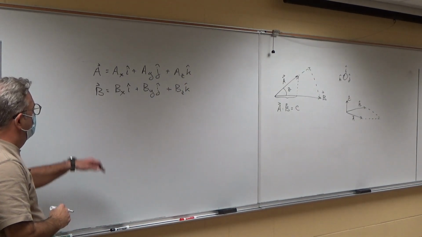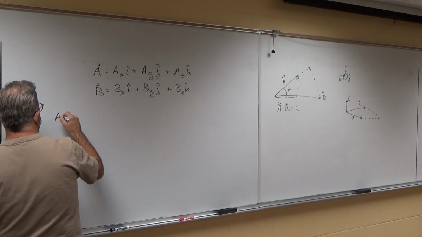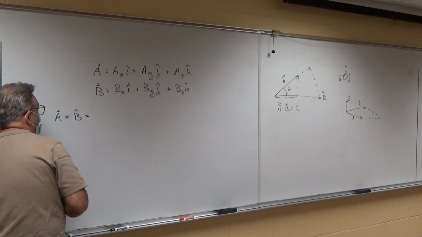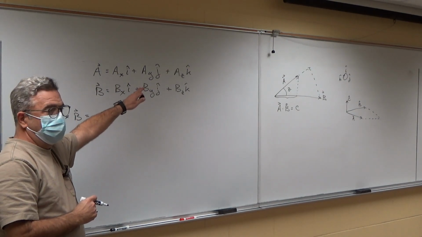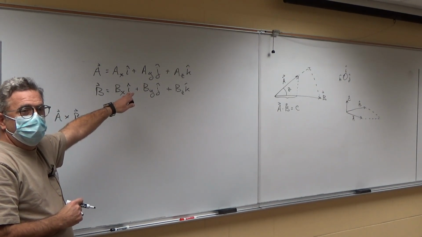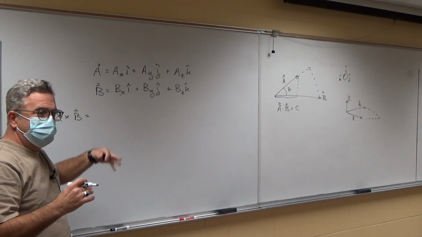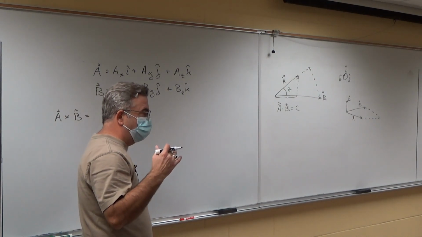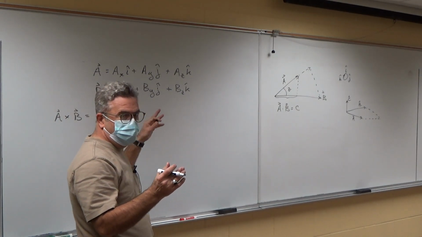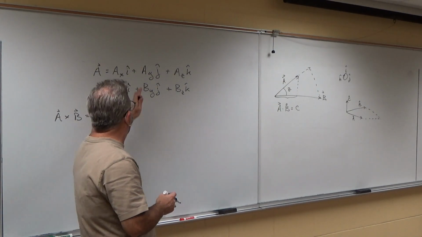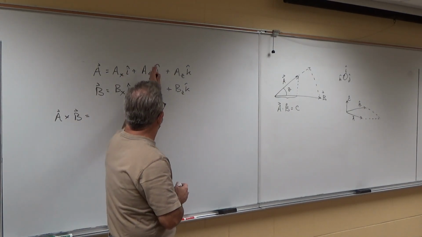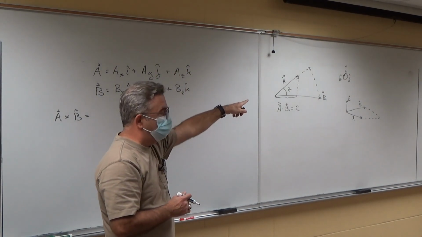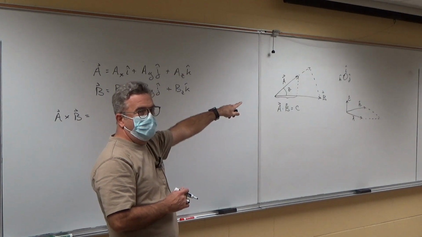If you have A cross B, you can multiply these all out. It gets really ugly. You can cross the two vectors just like you would with any trinomial, multiplying each term through, taking all those cross products in the correct order.